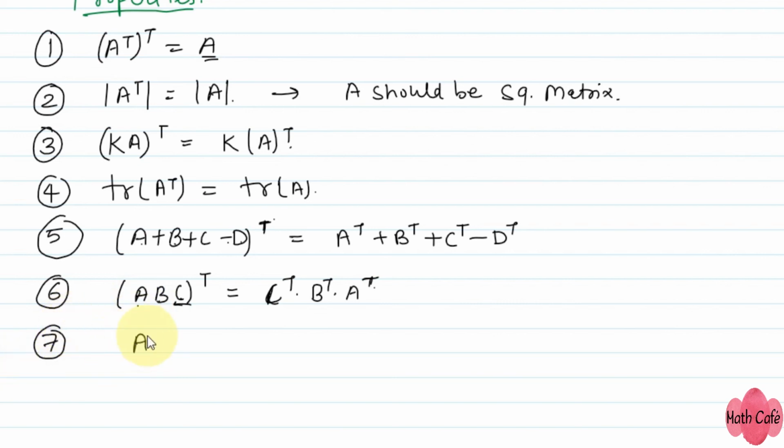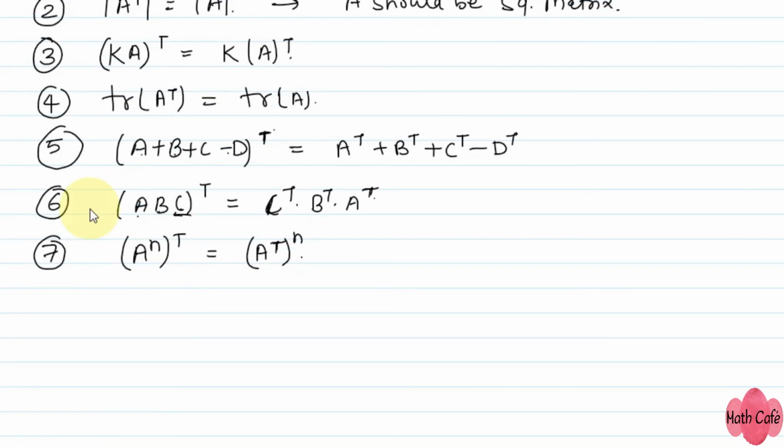If it is written A raised to n and we need to take the transpose of this value, then this will be equal to A transpose raised to n. We can see the proof of property number 7, A power n transpose.